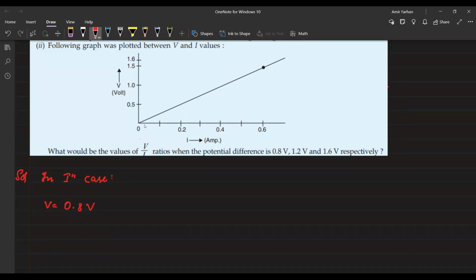I'm audible? Yes, sir. So now tell me what will be the current? 0.3. Samina, your voice is cracking a little bit. 0.3. Okay, so you are saying 0.3.